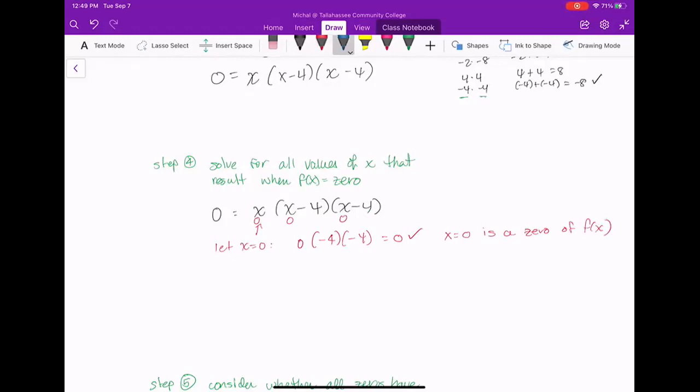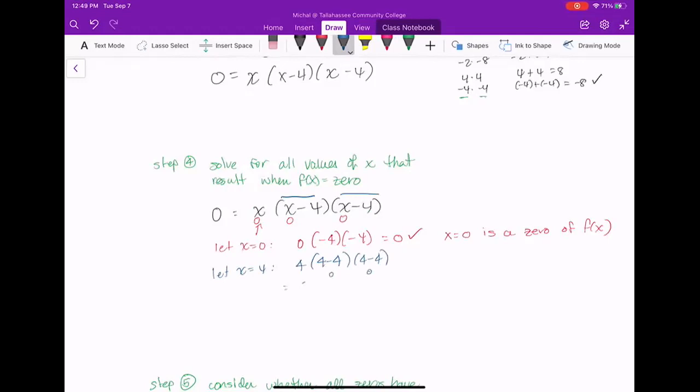Additionally, I might figure out what number I could put in for x that would make either of these terms equal to 0. And if I do 4 minus 4, I get 0. So I'm going to let x equal 4. If I do that, I get 4 times 4 minus 4 times 4 minus 4. Well, these are equal to 0.